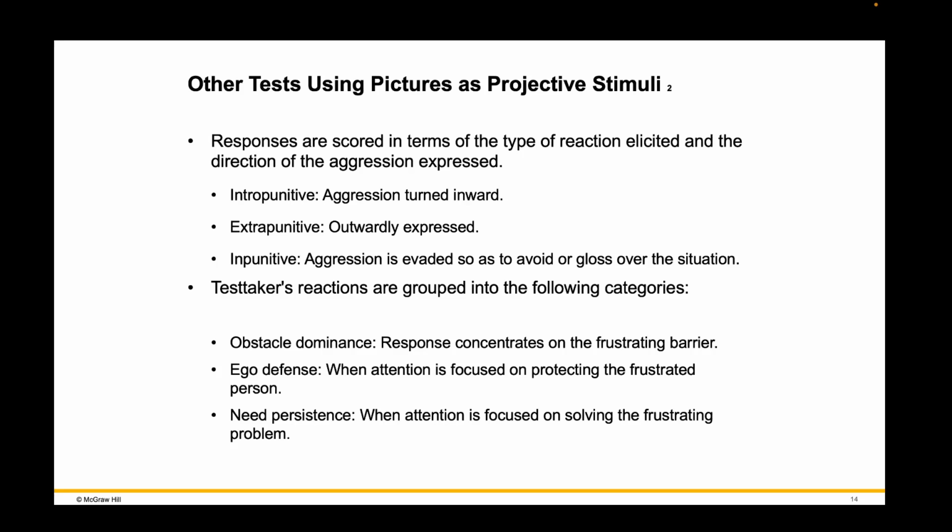So, meron siyang tatlo: intro-punitive, aggression turned inward; extra-punitive, outwardly expressed; impunitive, aggression is evaded so as to avoid or gloss over the situation. Let's say for example, may nakita siyang cartoon picture, traffic.